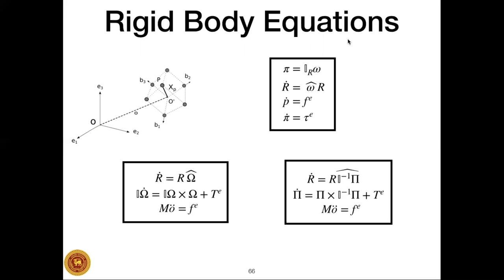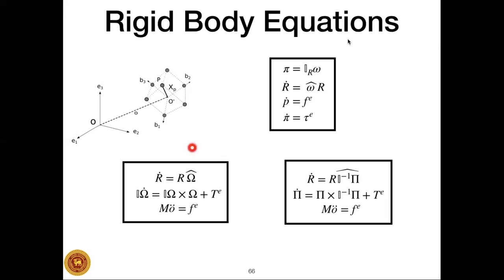So you can have a million, billion particles, but all the effects of those particles can be represented very conveniently using this O and the R that relates the B frame to the inertial frame, and these expressions over here. So this is in terms of completely spatial velocities and spatial momenta.